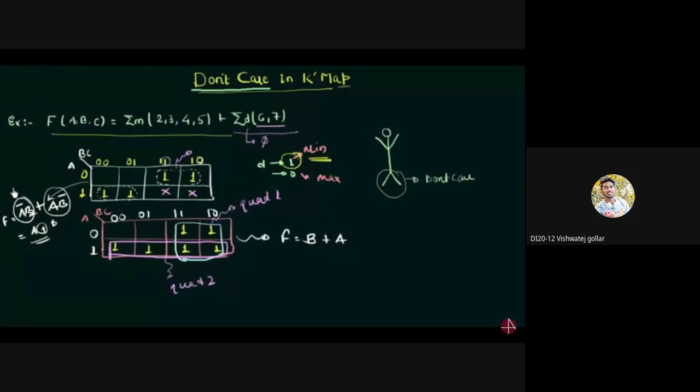But here an AND gate is required, then another AND gate is required, and then an OR gate is required. So 3 gates are required, but here only a single 2 input OR gate is required. So this is the advantage of using the don't care as 1 in case of min terms grouping, and 0 in case of max term groupings.